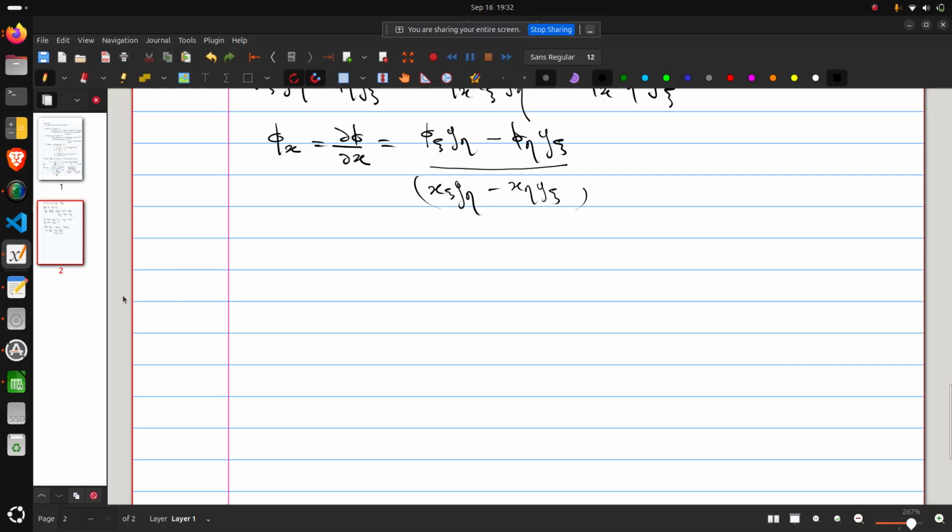Okay, and this term, x psi y eta minus x eta y psi, is called the Jacobian. So the Jacobian is just a mathematical tool to switch between two coordinate systems.